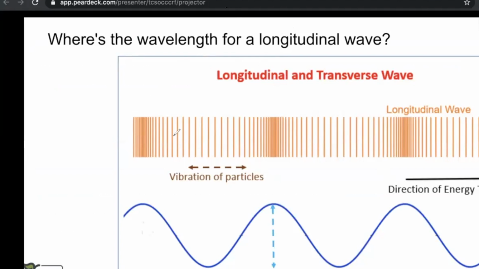So I can pick any spot along this wave. So I could pick, let's just pick this line right here. Well, where does that line, basically that kind of compression, happen again? And it may be hard to find because we would have to count lines and all that stuff, but just approximating, that's where it repeats. Now, someone said most compression.